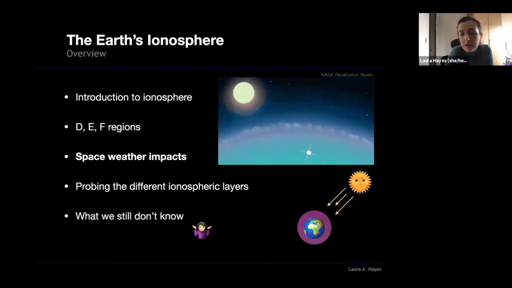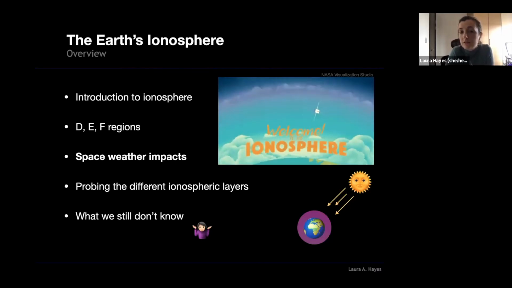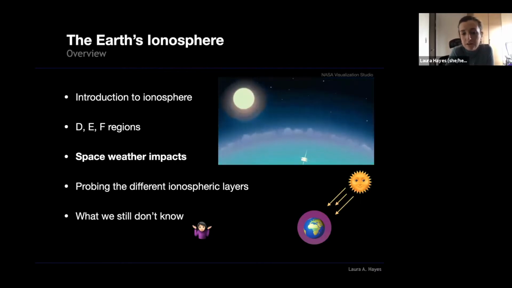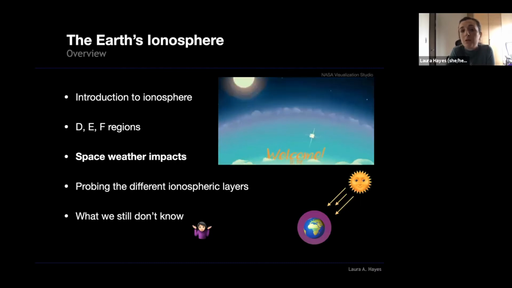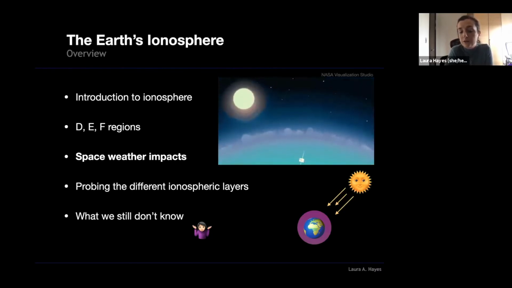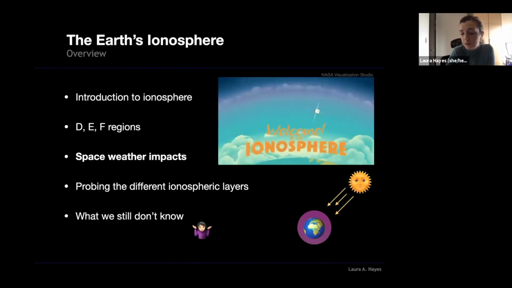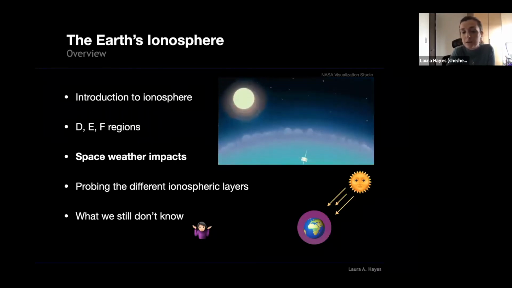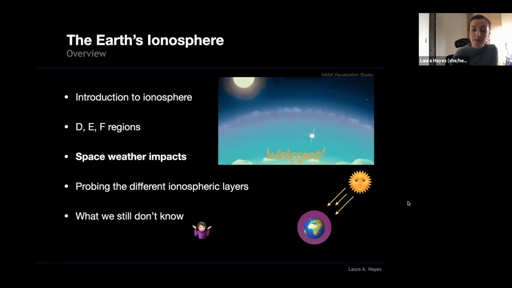I'll talk about how you can probe these different regions, because they have different characteristics, so different ways we have to look at them. And then finish with some questions of what we still don't know and where we are in the field and what we can do to further our understanding of the Earth's ionosphere and the impacts it gets from large space weather events, in particular solar flares.